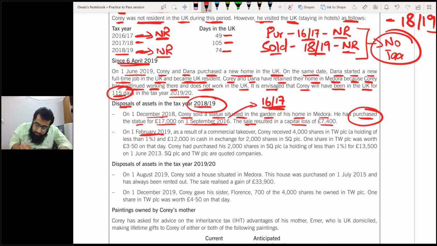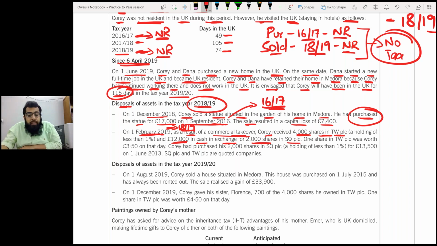On 1st February 2019, as the result of commercial takeover, Corey received 4,000 shares in TW PLC and 12,000 pounds cash in exchange for 2,000 shares in SQ PLC. My friend, this is a paper to paper takeover.